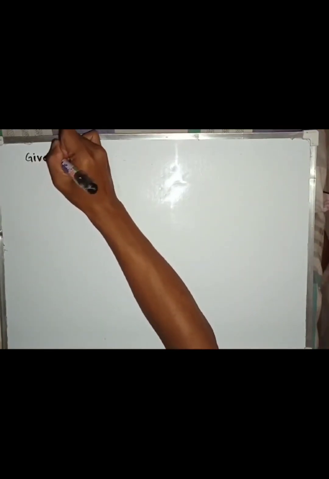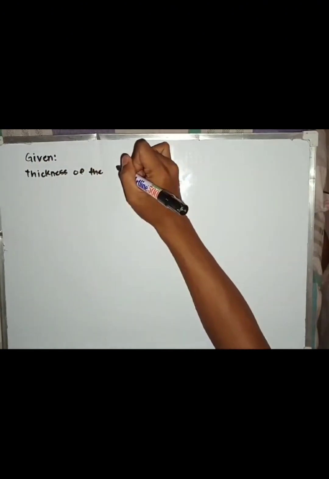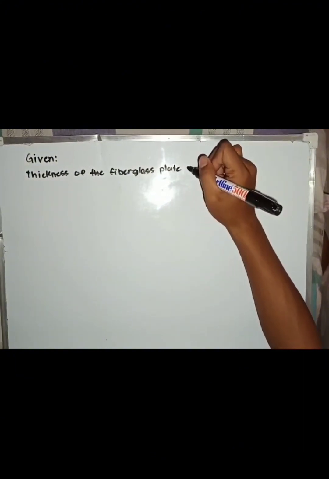First, let's list down all the given factors to be considered in solving this problem. Given from the problem is the thickness of the fiberglass plates, denoted by the letter L. So L is equal to 5 cm.